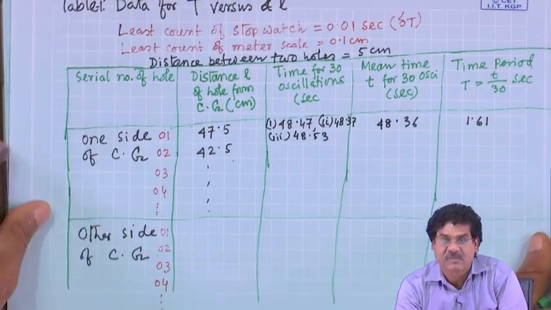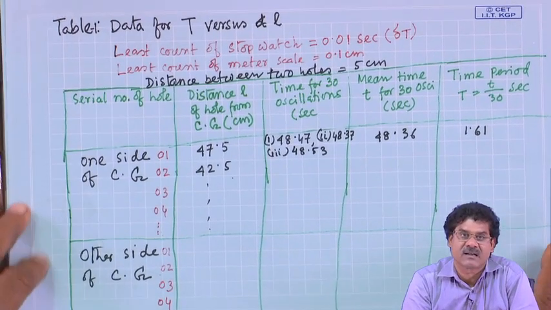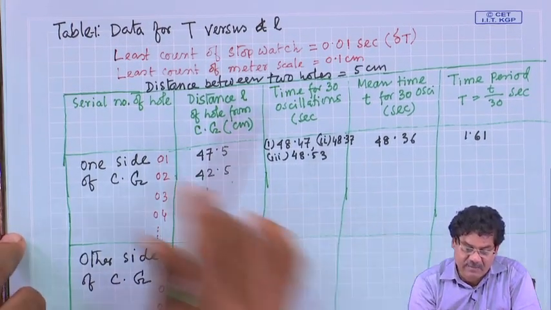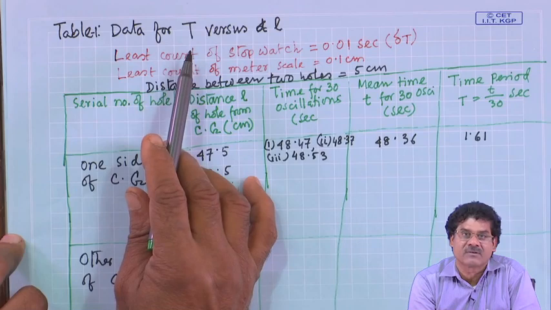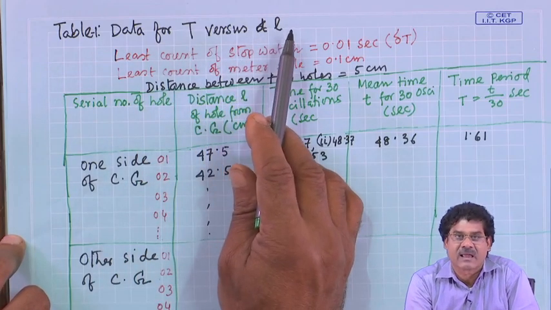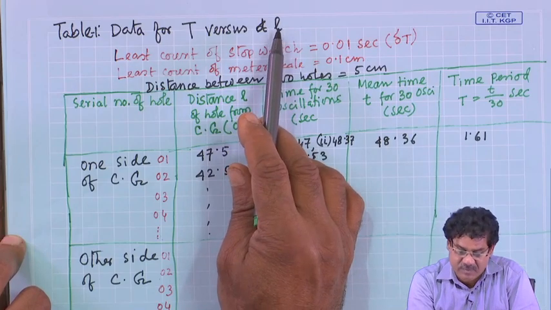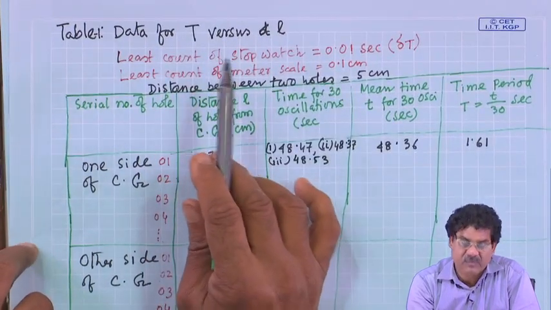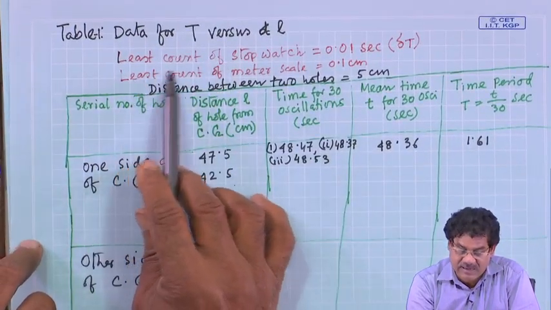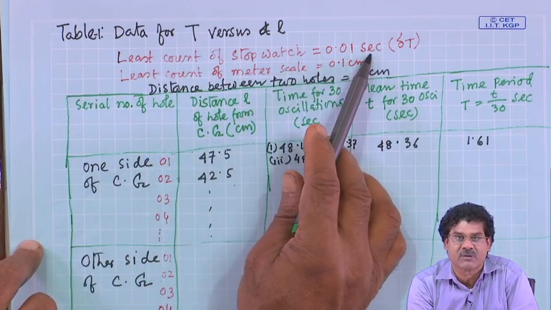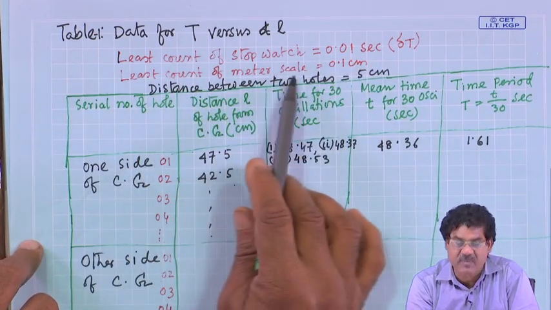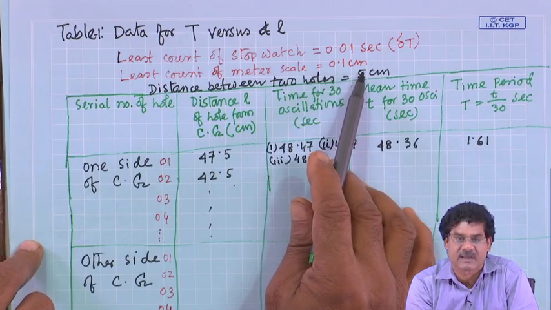Let me show you this table. Table 1 will be data for T versus distance L from the center of gravity of the suspension point P. For this, you have to note down the least count of the stopwatch you will use, and the least count of the meter scale you will use for measuring distance.